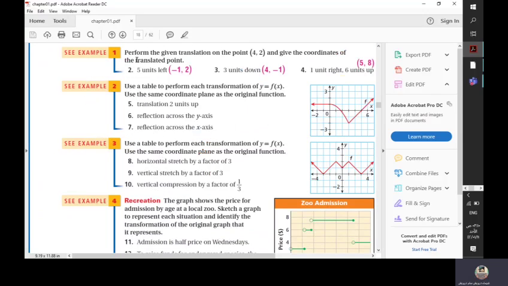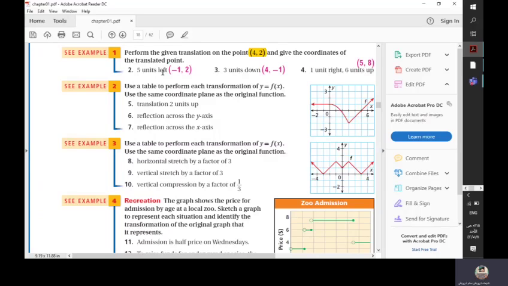The first one, 4 and 2, and I want to find 5 units to the left. How can I solve this exercise? I will read the question: 5 units to the left.